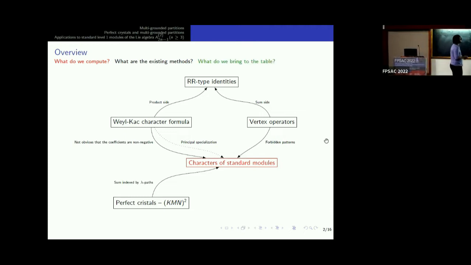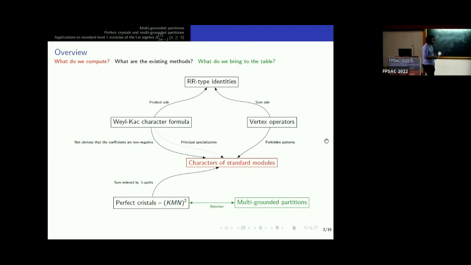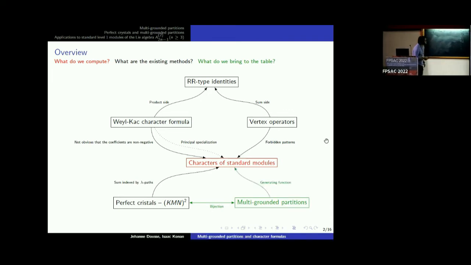What we bring to the table is that we make a bijection between these lambda paths and what we introduce as multi-ground partitions. By doing this, we simply express the character as a generating function of multi-ground partitions. This is what you have to retain for this talk.